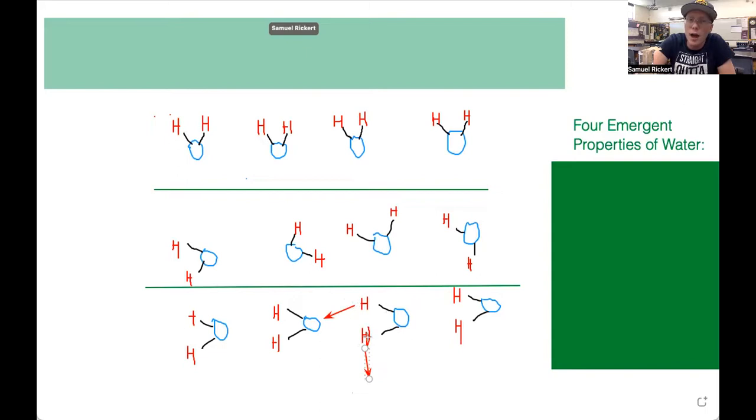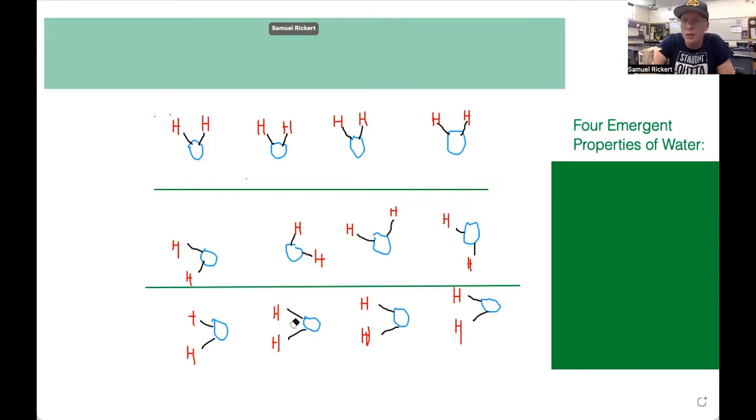But each of these hydrogens, because they have a positive charge, are going to be interacting with the negatively charged oxygens. This oxygen will also be able to interact with 2 hydrogens, meaning that each of these molecules will have a hydrogen bond with 4 other water molecules. Pretty cool.